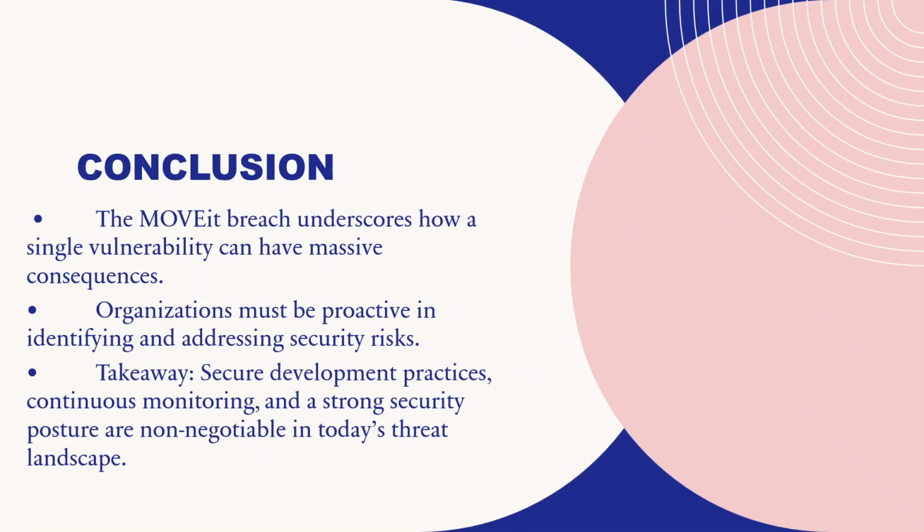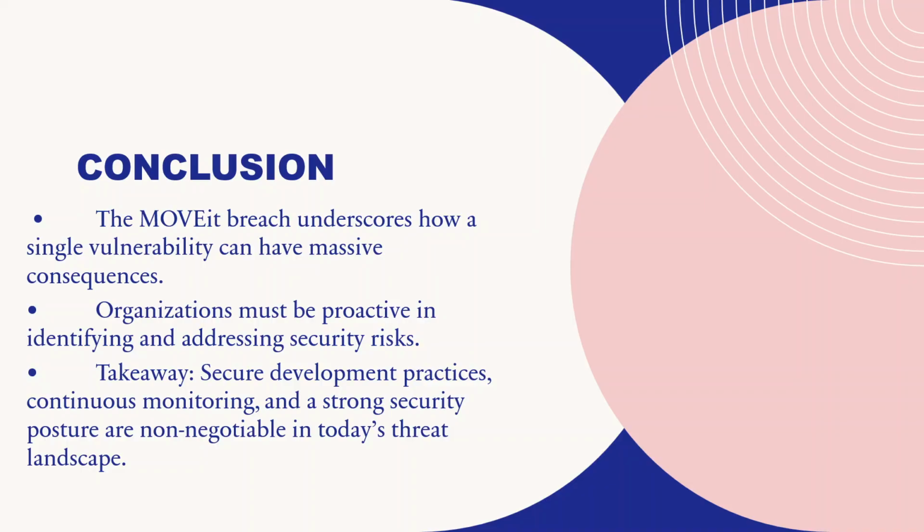So the conclusion from all this: the MOVEit breach underscores how a single vulnerability can have massive consequences. We saw that organizations must be proactive in identifying and addressing security risks, because we saw how it impacted millions of people.